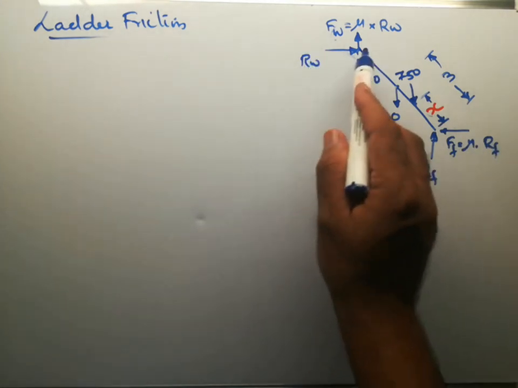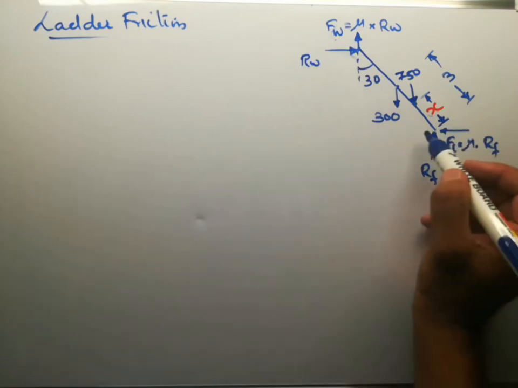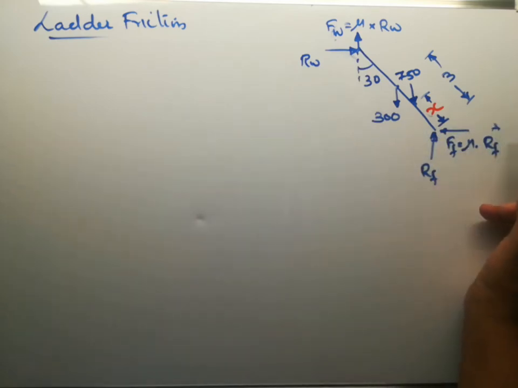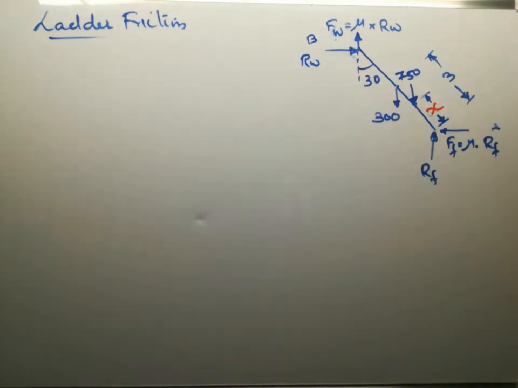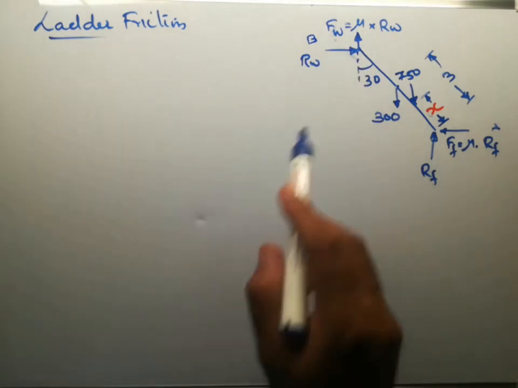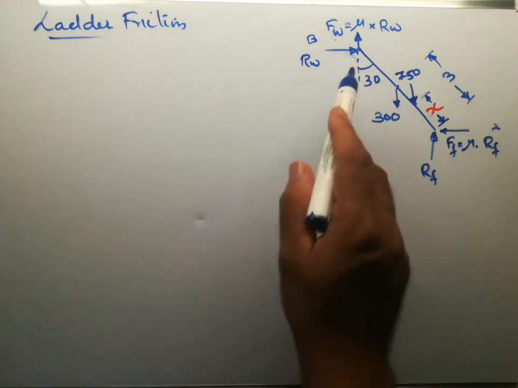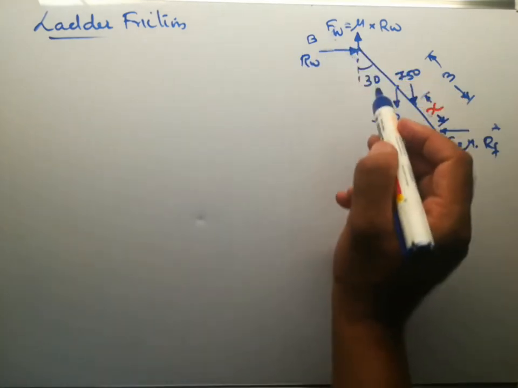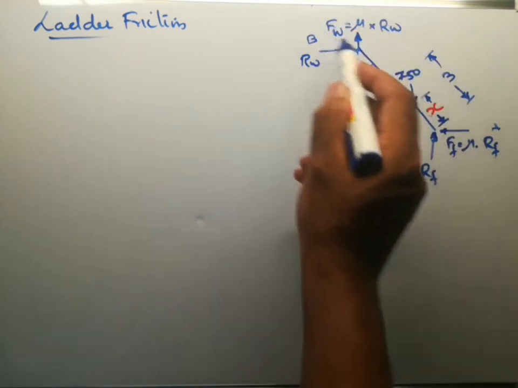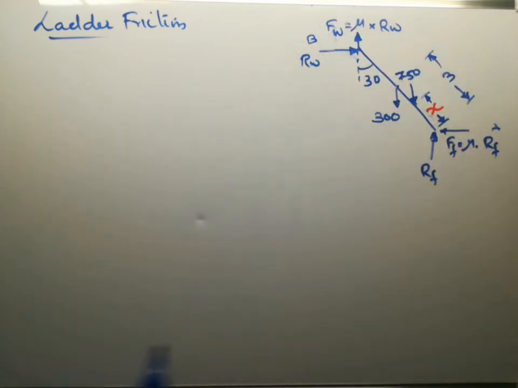This is point A, and this is point B. And at the wall, the two forces acting on the ladder are the normal reaction RW and the corresponding limiting friction at the wall FW equal to mu into RW. So these are the forces acting on the ladder.